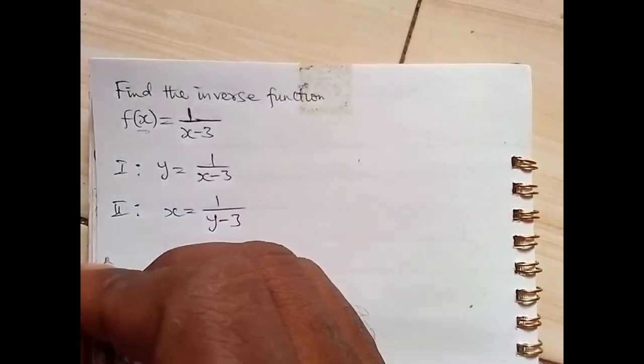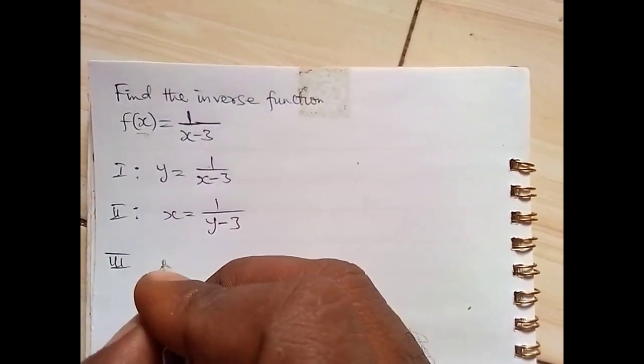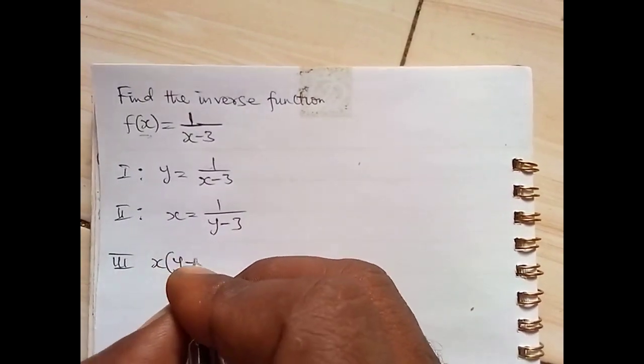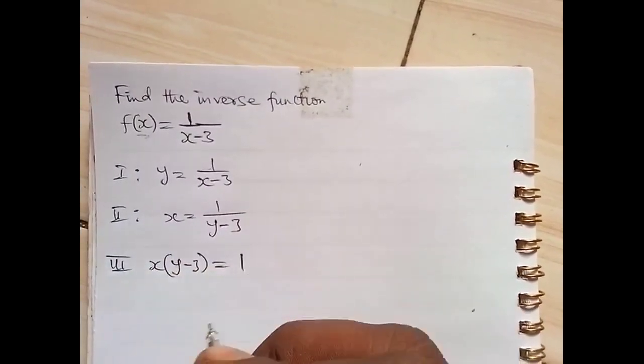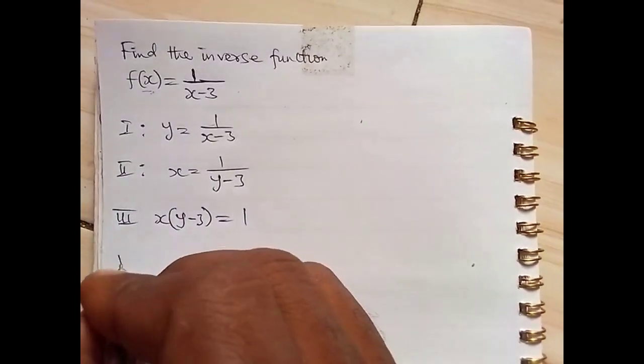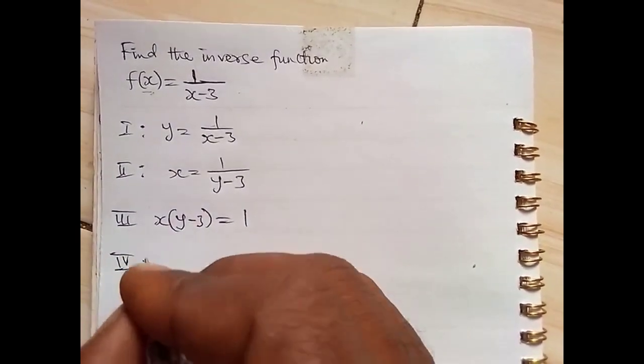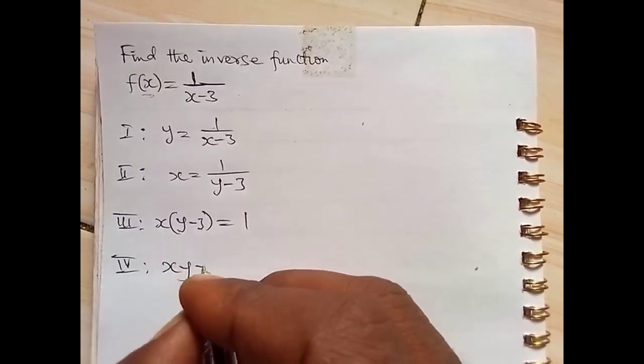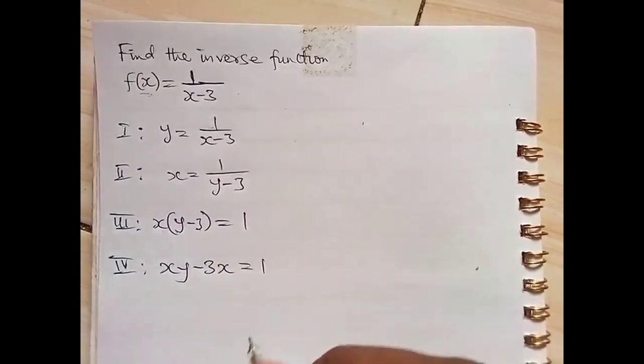The next thing is to put it in linear form. If we put it in linear form, it means cross multiplying. So we'll have x times y minus 3 is equal to 1. If we open up this bracket as step 4, we'll have xy minus 3x is equal to 1.